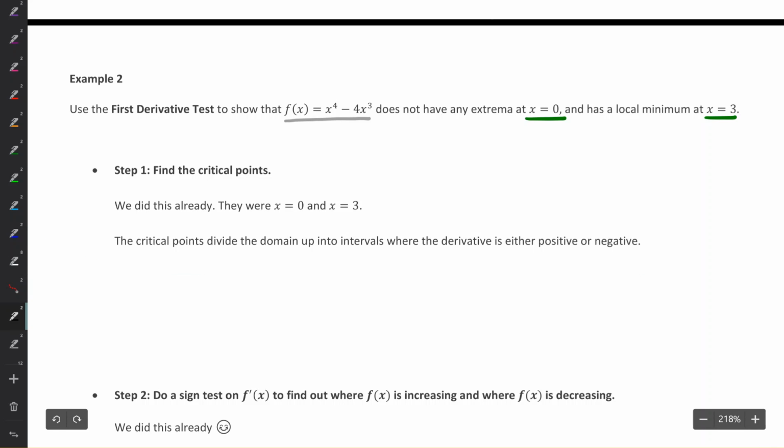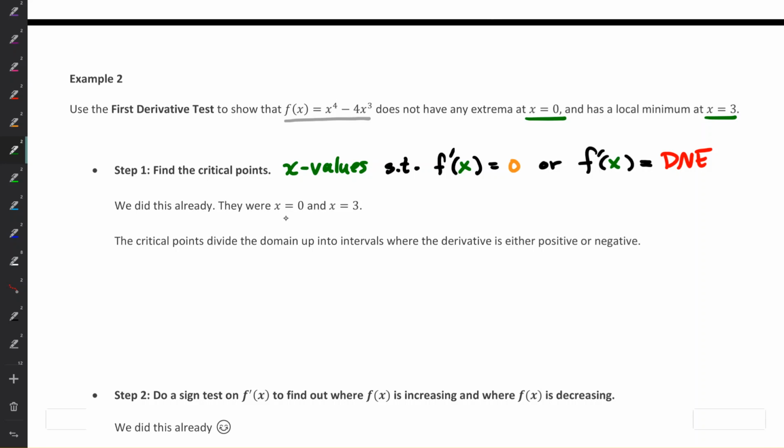Those are the x values such that the first derivative is either 0 or undefined. Right, and we did that already. The x values were 0 and 3.